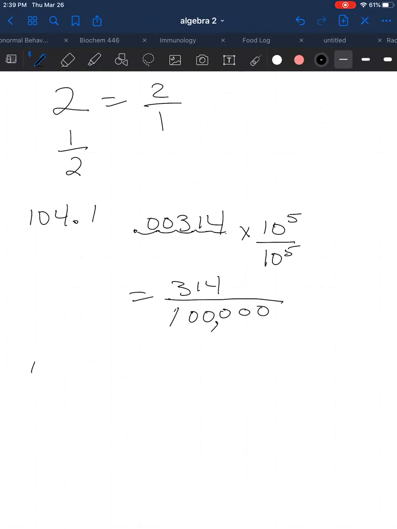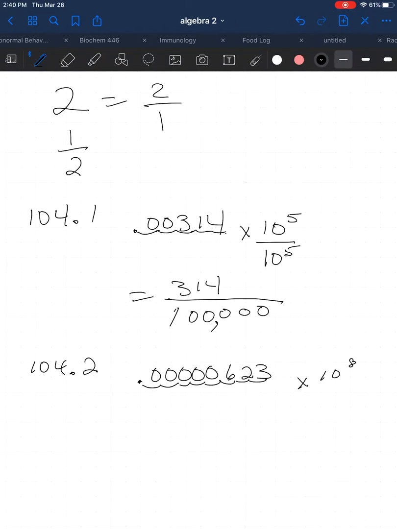Okay, and then the next one, if I can see this all right, has, let's see, 1, 2, 3, 4, 5 zeros, and then 6, 2, 3. And it wants us to write that as a ratio of 2 integers, or write it as a fraction. So how many places are we going to have to move this over? 1, 2, 3, 4, 5, 6, 7, 8.